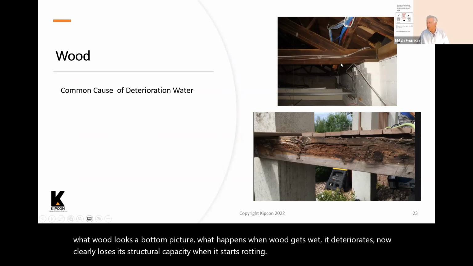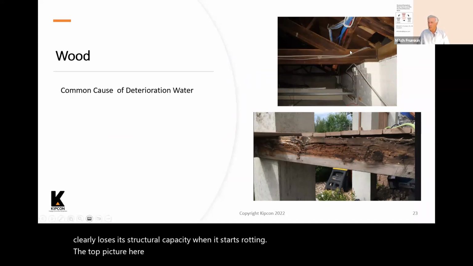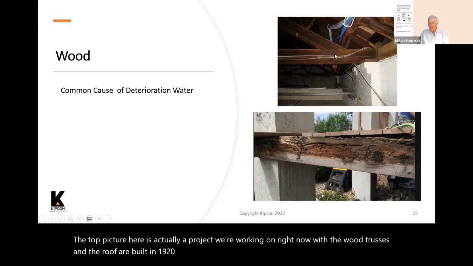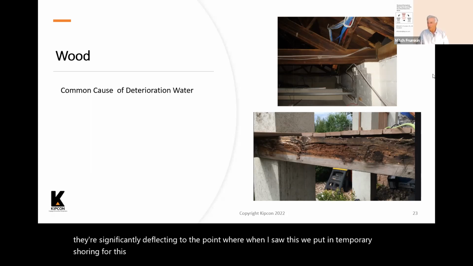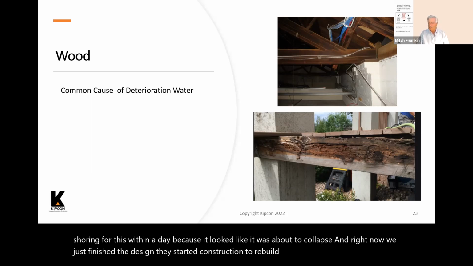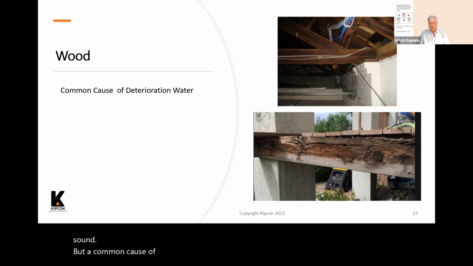The top picture here is actually a project we're working on right now where the wood trusses in the roof were built in 1927, and just based on aging and in some places water getting to it, they're significantly deflecting, to the point where when I saw this, we put in temporary shoring within a day because it looked like it was about to collapse. And right now we just finished the design and started construction to rebuild this entirely so it's structurally sound again. But a common cause of deterioration is aging and moisture.